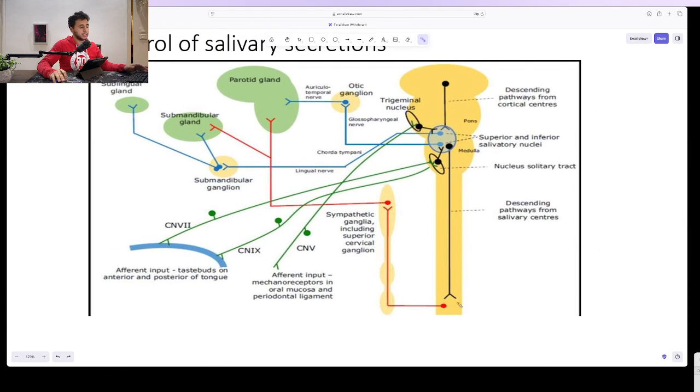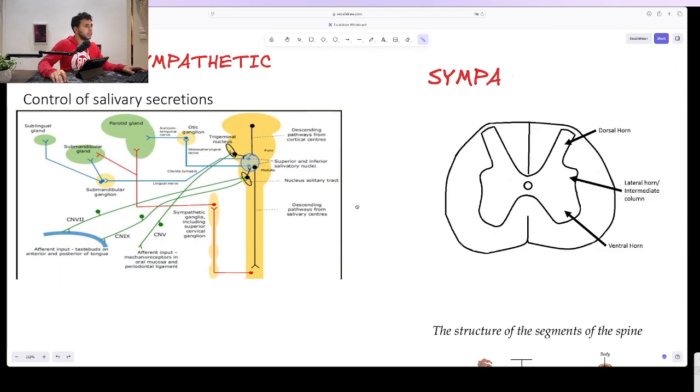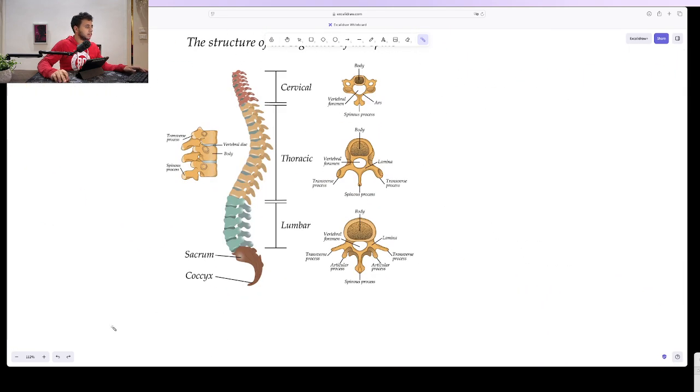So the sympathetic comes from the lateral horn of the first and second thoracic segments, and it goes to this ganglion, which is called the superior cervical ganglion. It relays into the parotid gland and submandibular gland. And these are the sympathetic innervation of the salivary gland.